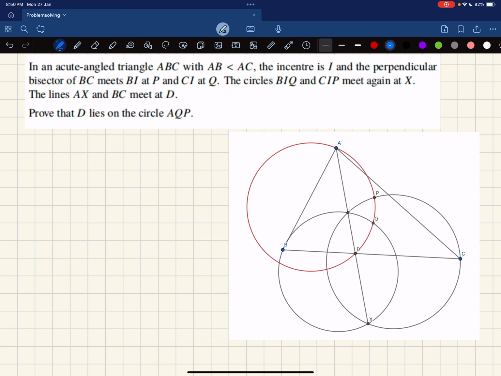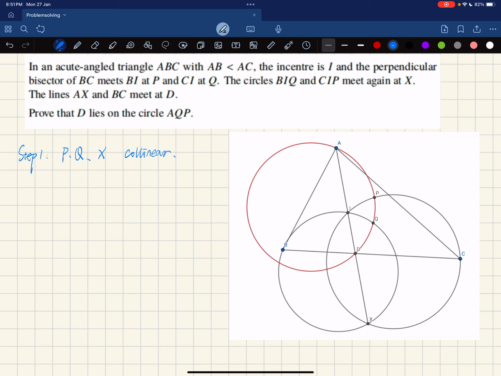So we prove that, like, we have step 1: P, Q and X are collinear. If we have to prove that 3 points are collinear, what methods can we use?